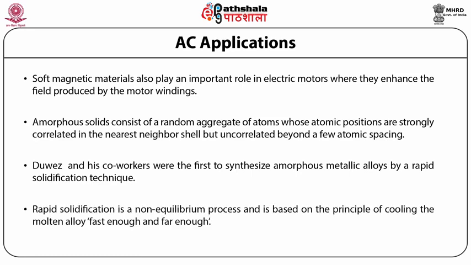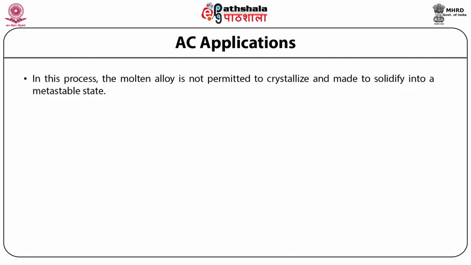Rapid solidification is a non-equilibrium process and is based on the principle of cooling the molten alloy fast enough and far enough. In this process, the molten alloy is not permitted to crystallize and is made to solidify into a metastable state. Most of these metastable or supercooled liquids exhibit a glass transition and hence are also referred to as metallic glasses.